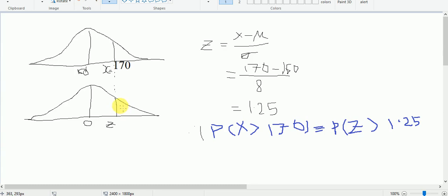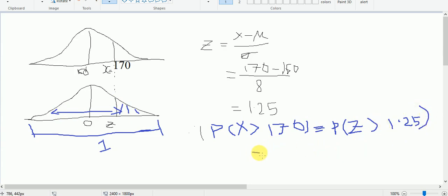For Z, the whole probability is 1, so if I find 1 minus this portion, then I will have P(Z greater than 1.25).